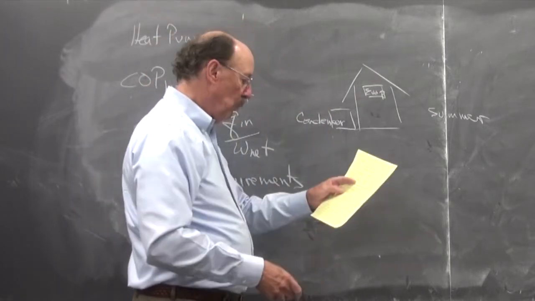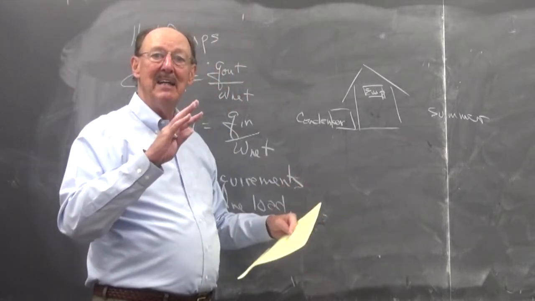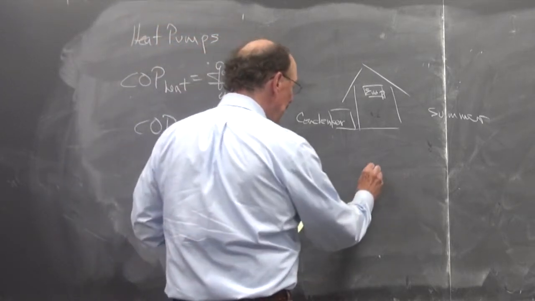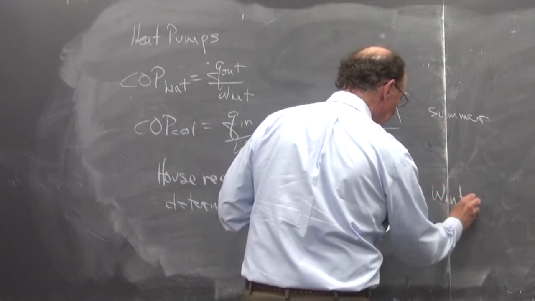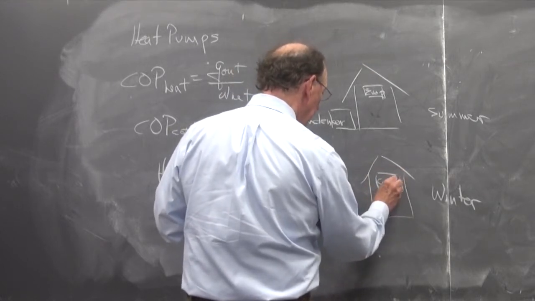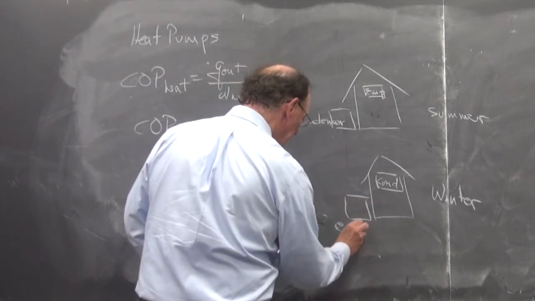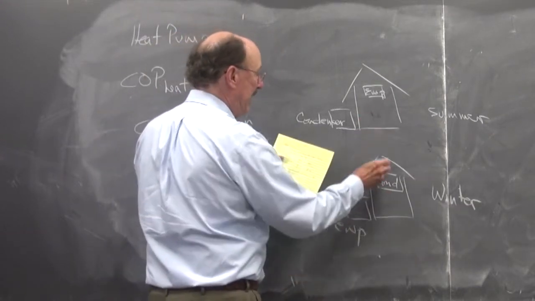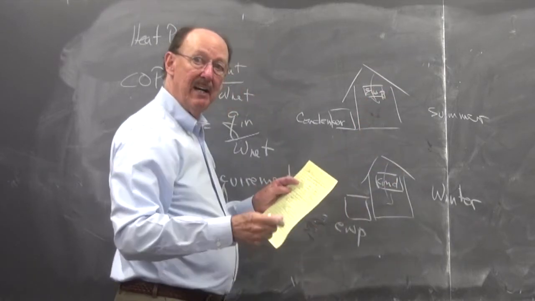In the wintertime, you're using the same system, but they switch the valving. They're similar in terms of what they look like, and they change the valving. So in the winter, this is the condenser, and here's the evaporator. Obviously there's the air handler in both cases, with the airflow inside the house going over this.